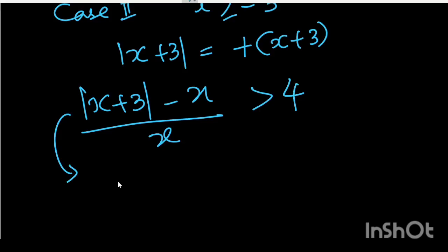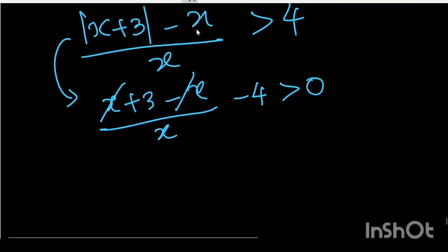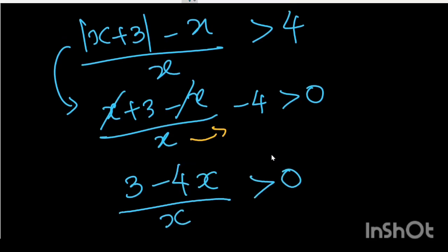Now removing the vertical bars with plus sign, minus 4 greater than 0, guys. Minus x plus x cancels out. Taking LCM, this x gets multiplied to minus 4, so we will get 3 minus 4x by x greater than 0, guys.